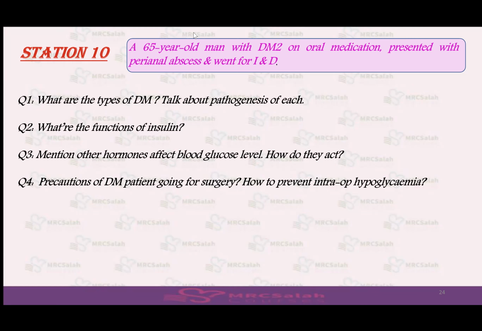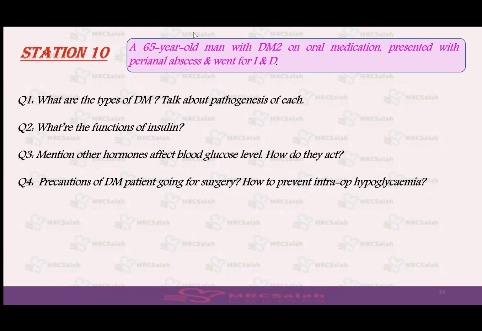And what about his diabetic medication? He's on oral hypoglycemic agents. Is he going to take his medication while going to surgery, or will you replace it with another medication? Give the full plan, please. If it is uncontrolled, we convert it into insulin therapy.